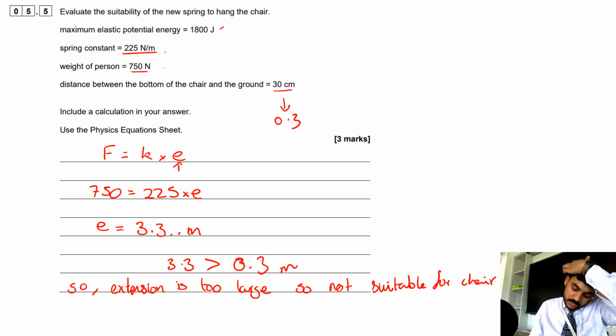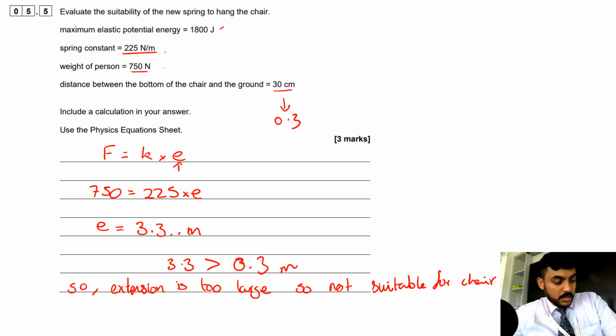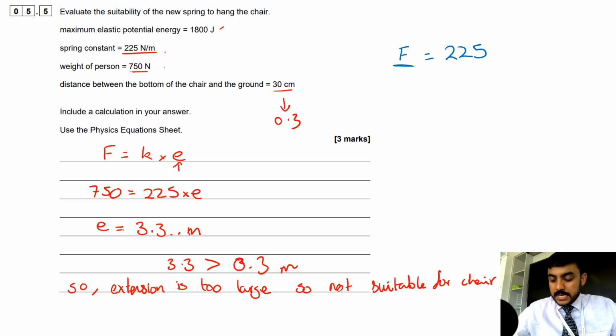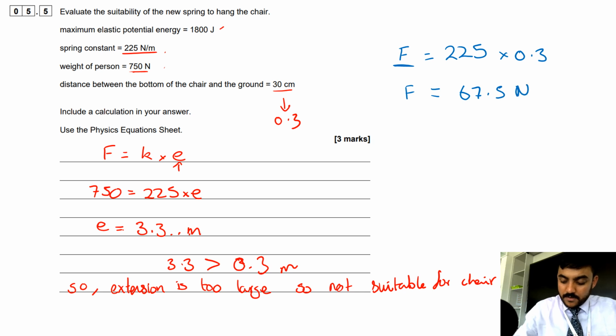Now, obviously, we can go a different way. We can use a different calculation. The different calculation that we might use is for a force: how much force will it take to extend the spring of 225 newtons per meter by 0.3 meters, which is obviously what the maximum extension can be. And when we find that out, we end up with a force of 67.5 newtons.